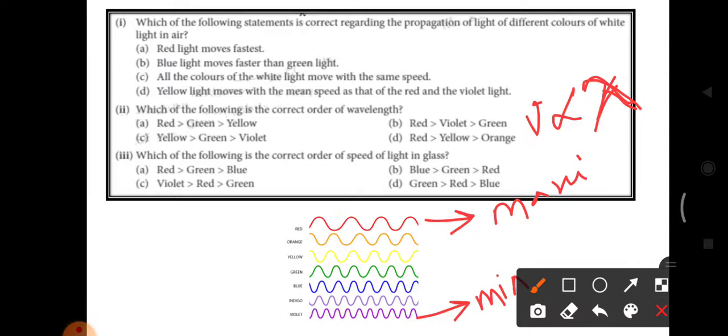You have to find the correct order of the speed of light in glass. First they gave red, then green, then blue. Okay, this may be correct. We will check the B option also.